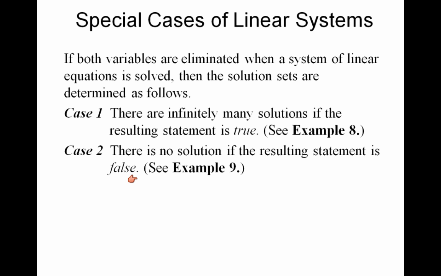If two lines are parallel, then there's no point of intersection. This is where the slopes of both lines would be exactly the same, by the way. Or the other case is infinitely many solutions, when the lines are right on top of each other. So this would be infinitely many solutions, case number 1. This would be no solution, case number 2.